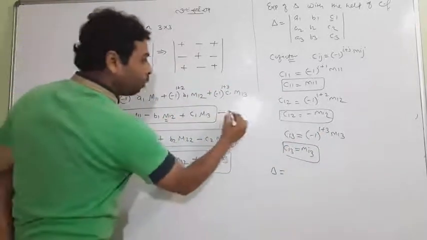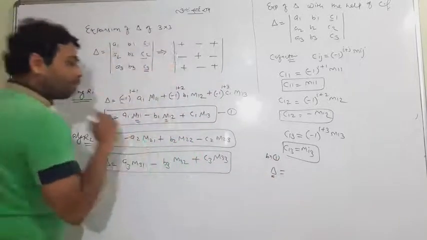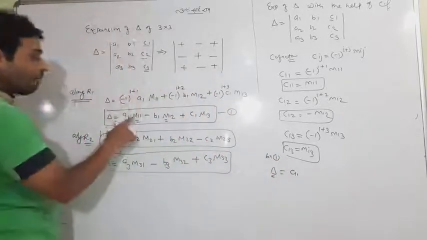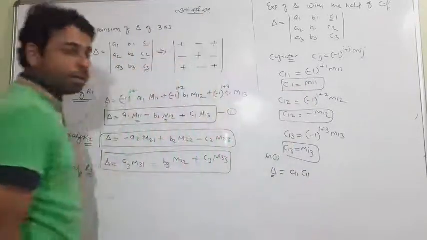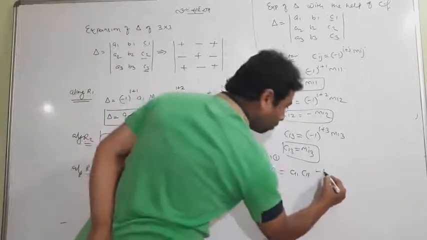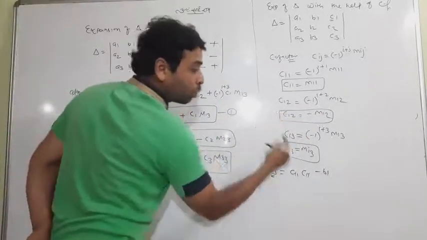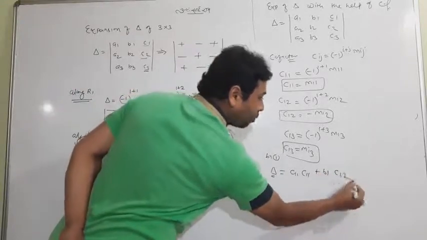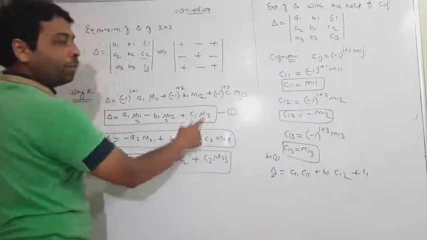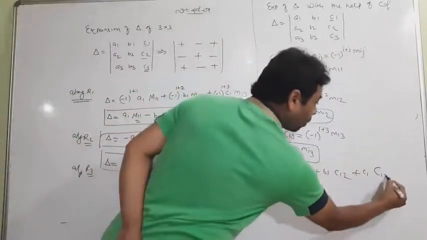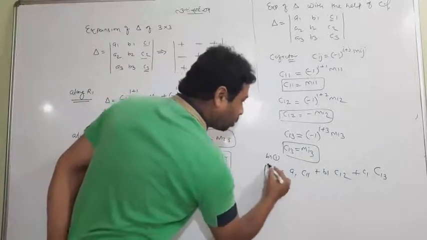If I go one by one, the value of determinant equals A1 times M11, and M11 means C11, so I can write C11 here. Now it is minus B1 times M12. What is M12? Minus C12, so it becomes plus C12. And plus C1 times M13, meaning C13. What you got, student? This is nothing special.